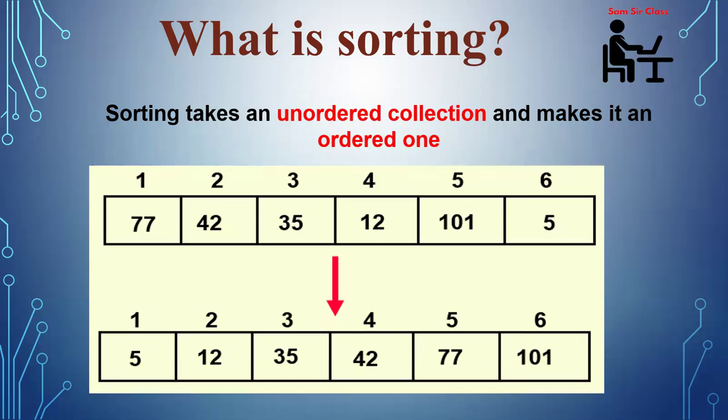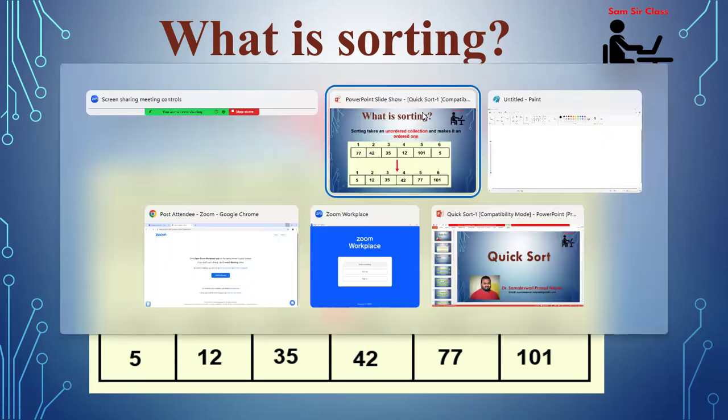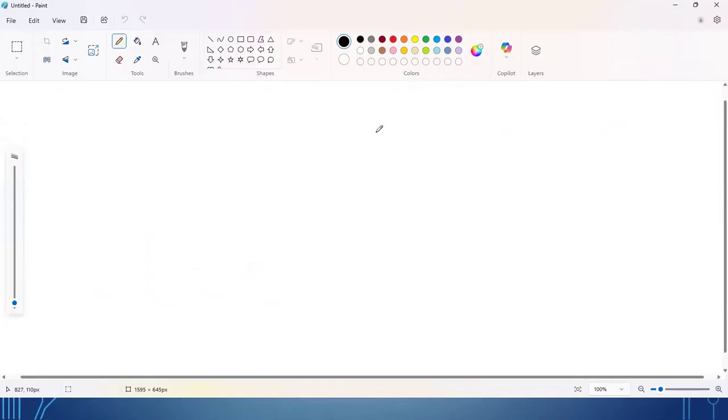In quicksort, the basic principle behind this is divide and conquer. But what do you mean by divide and conquer? Let us understand through a simple real-time example. Suppose you are given a large stack of papers.